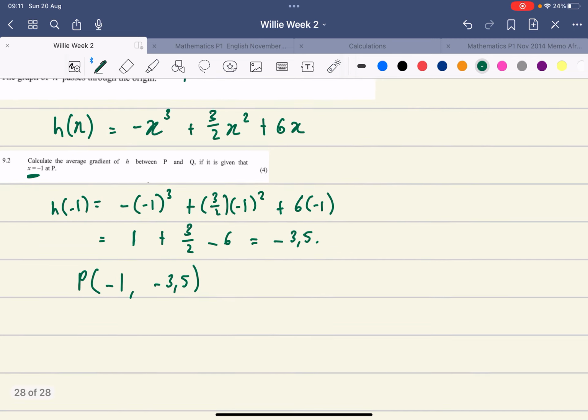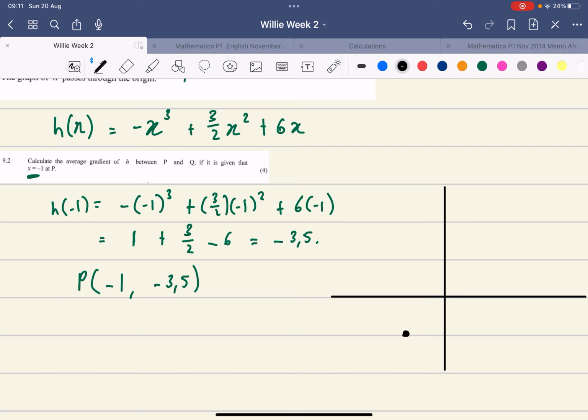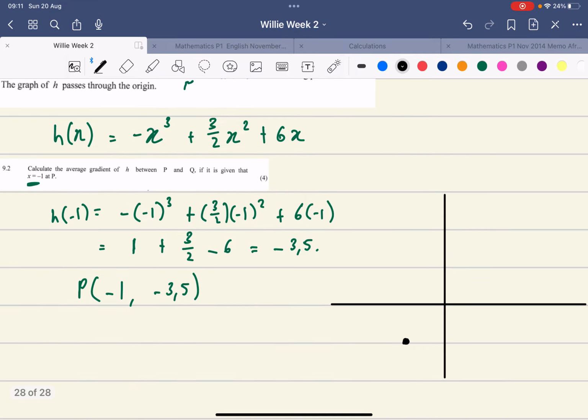Now we've got the point, and we need to use it to find the average gradient, as asked in this question. So what is the average gradient? If you think of our axes, we have our two points: P down here somewhere, which is (-1; -3,5), and Q, which is (2; 10), somewhere here, and it's cubic, so it's going to look something like that.